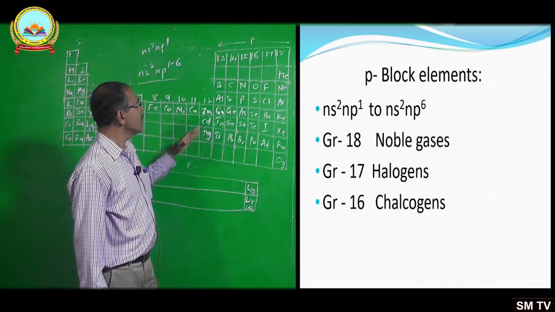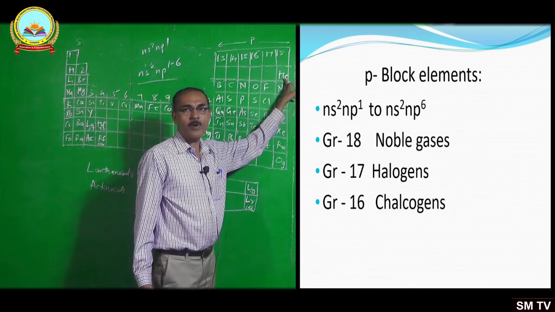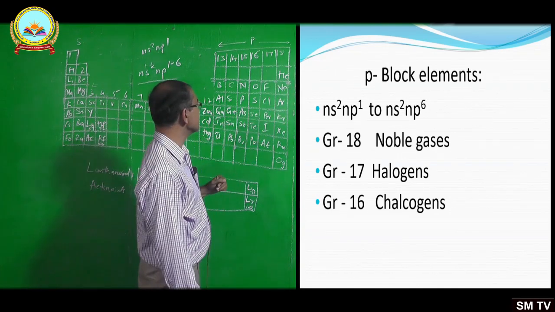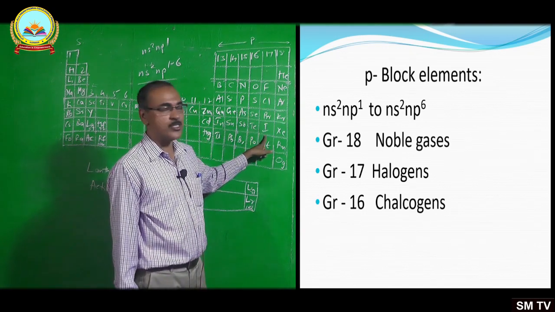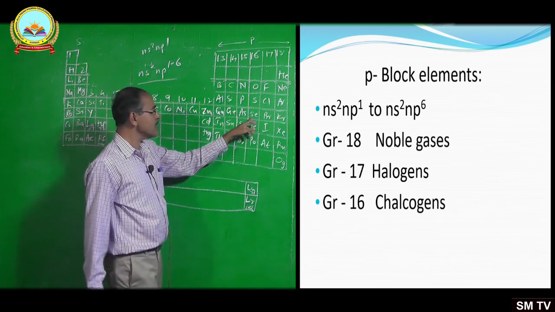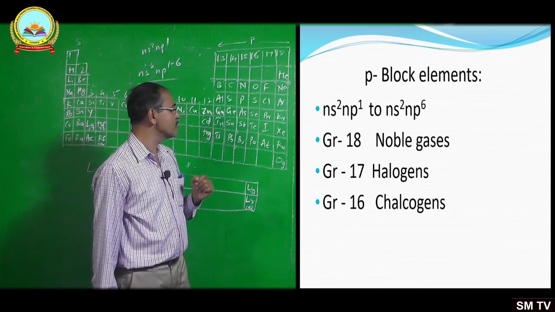Now, group 18 elements in the p block are called noble gases. Group 17 elements are called halogens. Group 16 elements are called chalcogens, ore forming compounds.